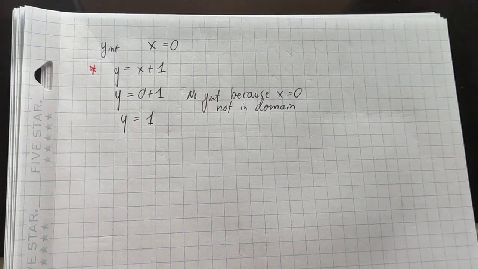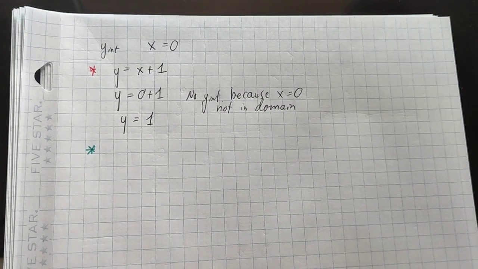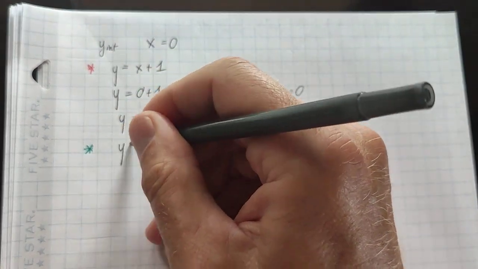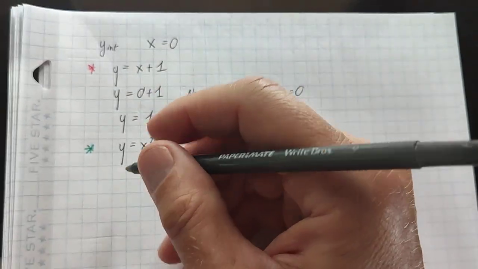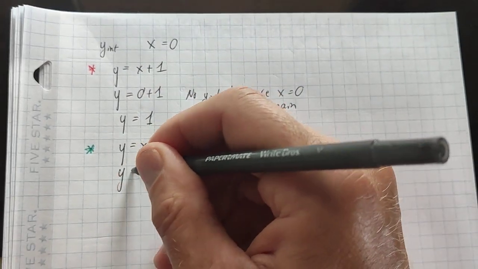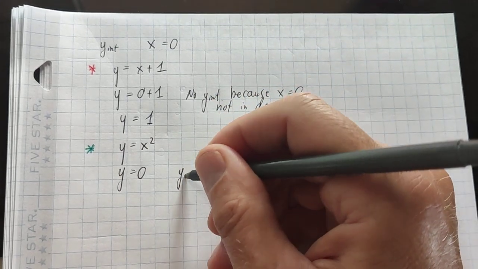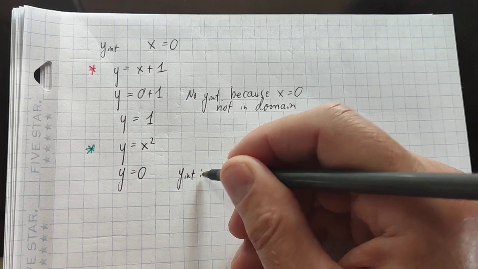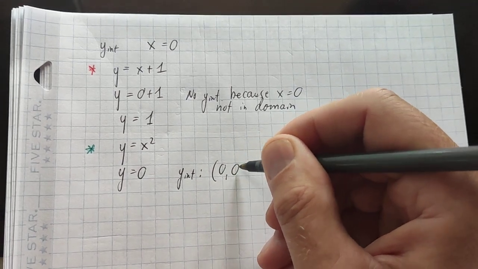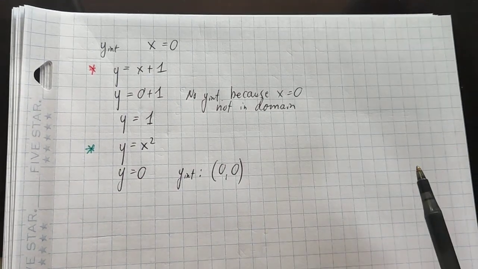Okay, so let's check the other one. Let's check the green one. So this one is y equals x squared. And I need to plug in 0. So y equals 0. And we get y-intercept 0, 0, right? So x is 0, y we found is also 0.